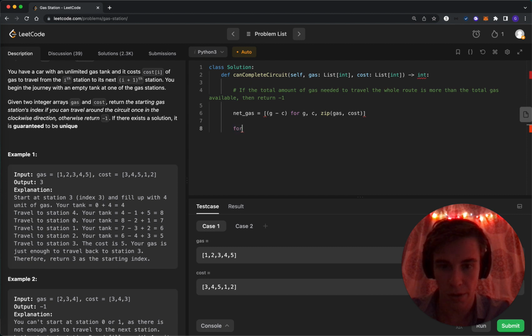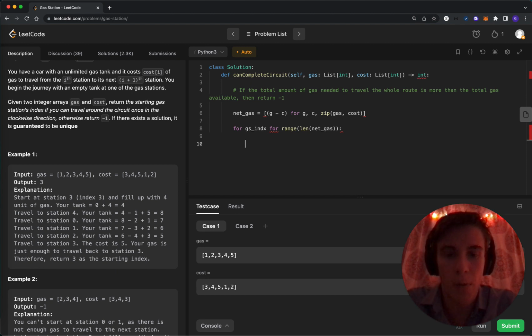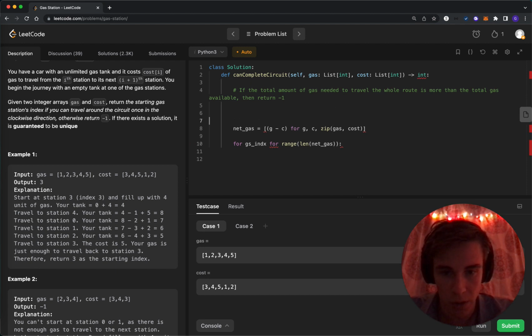I don't need this, sorry, why am I doing this? Gas station index for range len net gas. Here I will need to, let me draw this guy back out. -2, -2, -2, 3, 3.